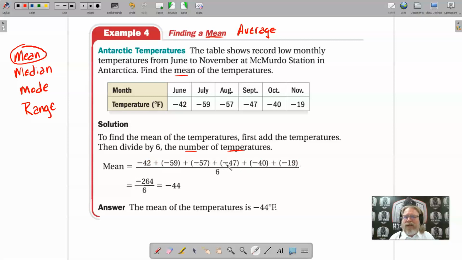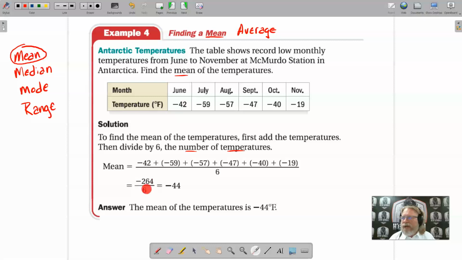But every fraction is a division problem, so this is the sum of all these numbers divided by 6. The reason we're using 6 is because 1, 2, 3, 4, 5, 6, there are 6 values that we added together up here in the numerator to get a sum of negative 264.